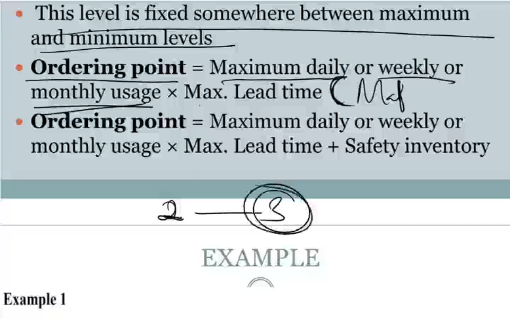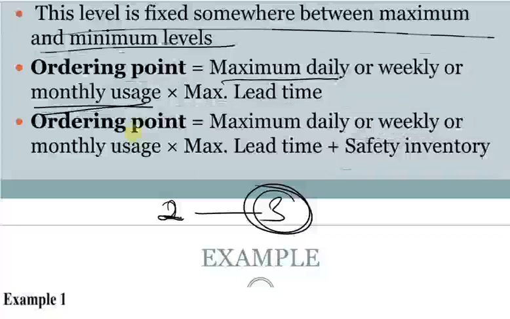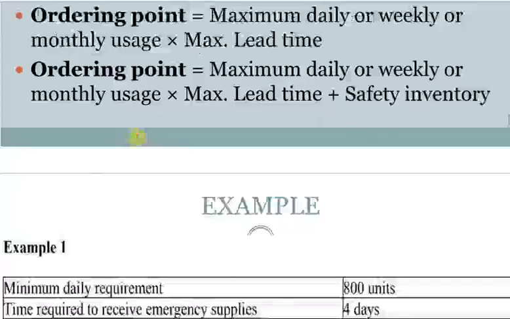So it is the maximum daily usage times maximum lead time times safety. Whenever you have a margin of safety, safety inventory, you have to add it. Whenever you don't have the safety level, you don't have to add it. But where they've given you the safety level, you have to incorporate it in your formula. So let's try to attempt a question here.